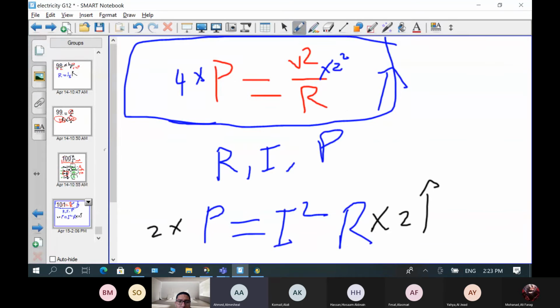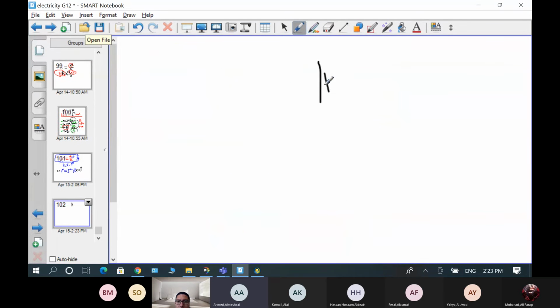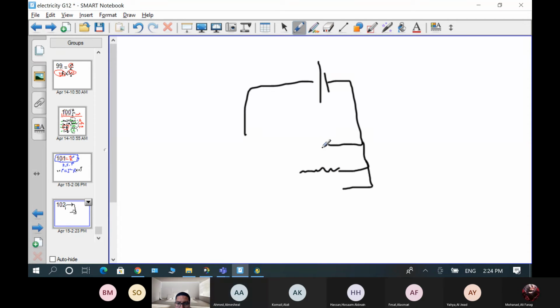The resistance of the whole circuit is one over R1 plus one over R2. Let me show you something now. These are 3 unequal resistances.